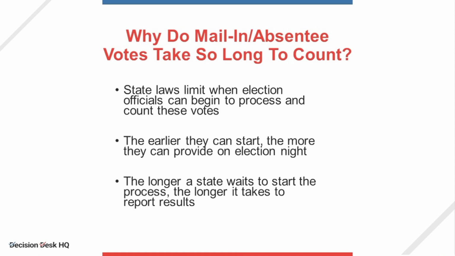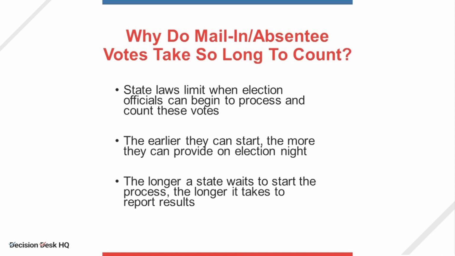Now, other states will have other rules and regulations, and they can include not being able to process anything until the polls open. Some will say not until the polls close. Others will say not for a week. That actually was the rule in New York. It may change, but the rule in New York was you couldn't process absentee ballots for a week.